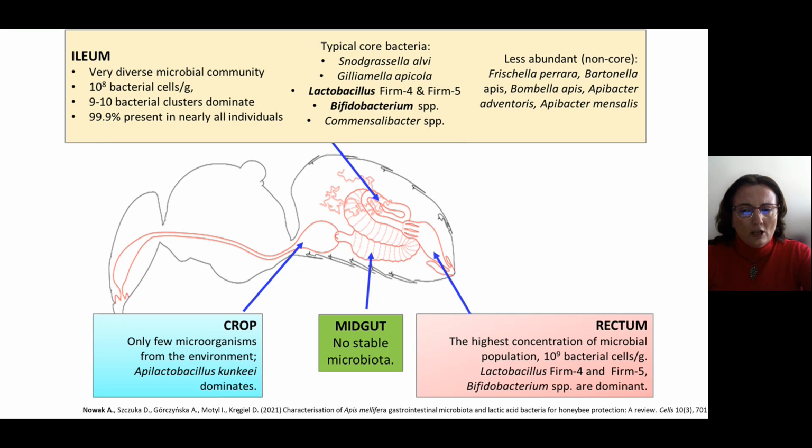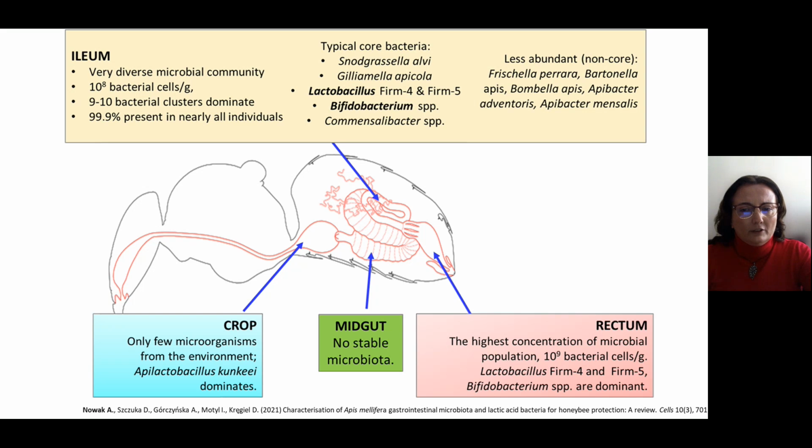microaerophilic conditions with a temperature of 35 Celsius and the presence of saccharides, which is an ideal living environment for lactic acid bacteria. The digestive tract is inhabited abundantly by lactic acid bacteria and Apilactobacillus kunkeei species, which is characteristic for honeybee microbiota.